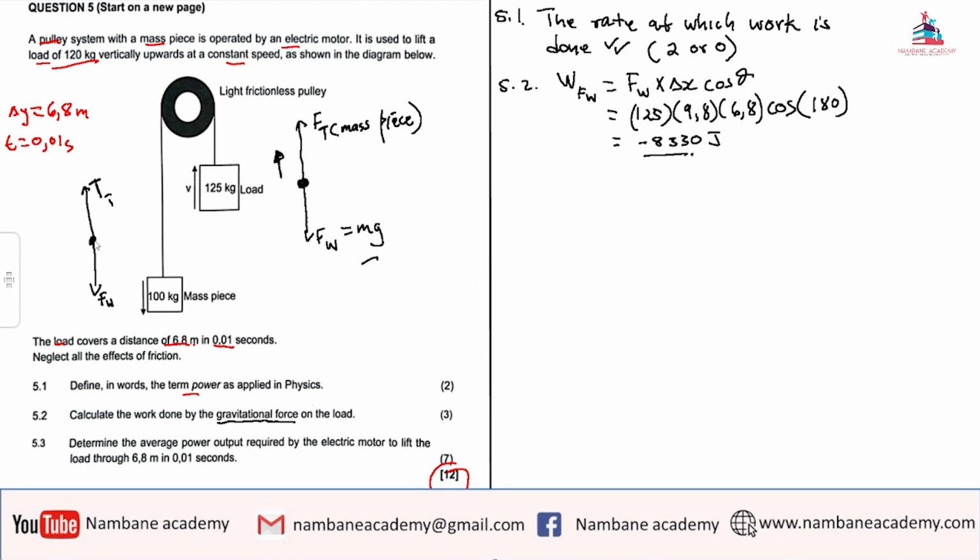So it basically says Ft of the mass piece must be equal to the Ft of the load. Why? Because if they are not equal, it means the string will be cut into two pieces. So regardless of what I do, if I want to calculate this second force, which is Ft, I will definitely need to work with the free body diagram that is given.